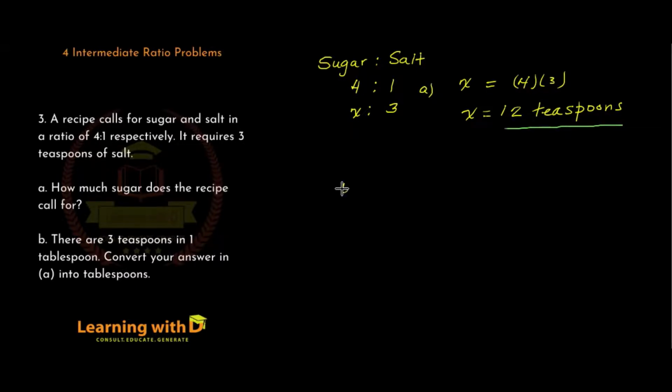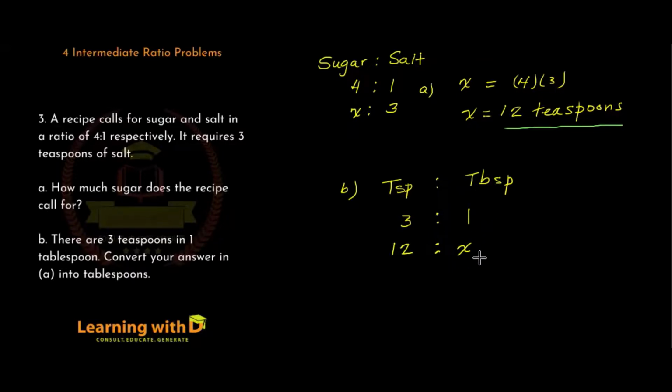Now part B is saying there are 3 teaspoons in 1 tablespoon. So teaspoons, tablespoons. And there are 3 teaspoons to 1 tablespoon. Convert your answer in A into tablespoons. So we have 12 teaspoons. And we want to know how many tablespoons that is.